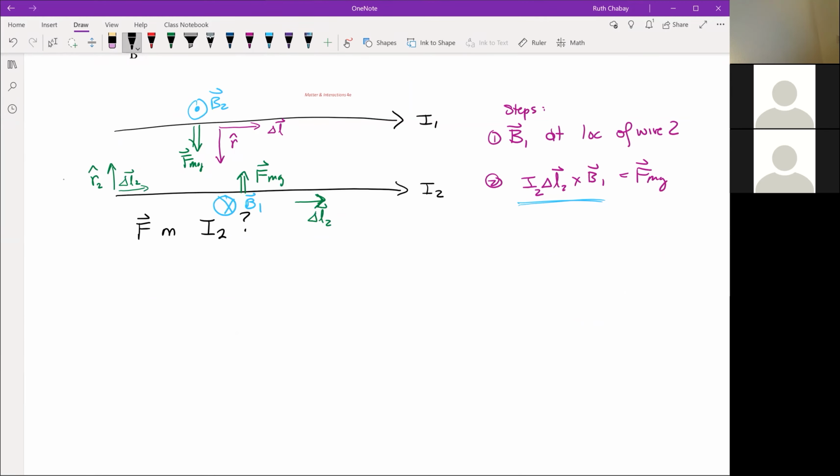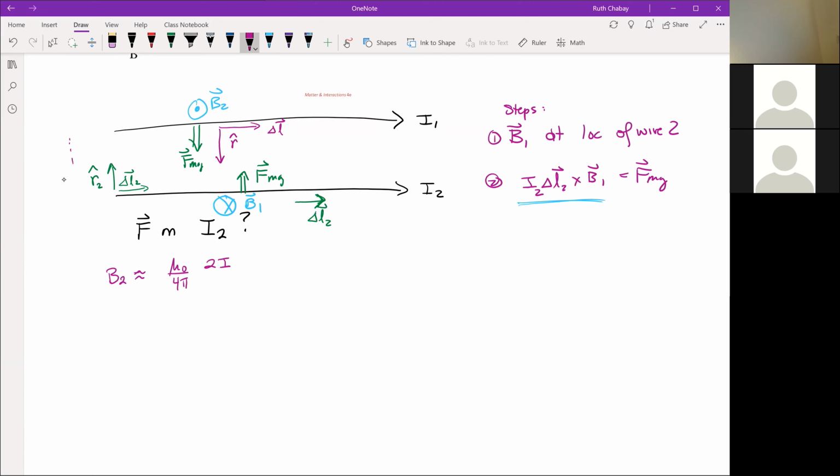So how would we do this numerically? Well, the magnetic field of wire 1, if it's a long enough wire, is approximately mu 0 over 4 pi 2I over the distance.